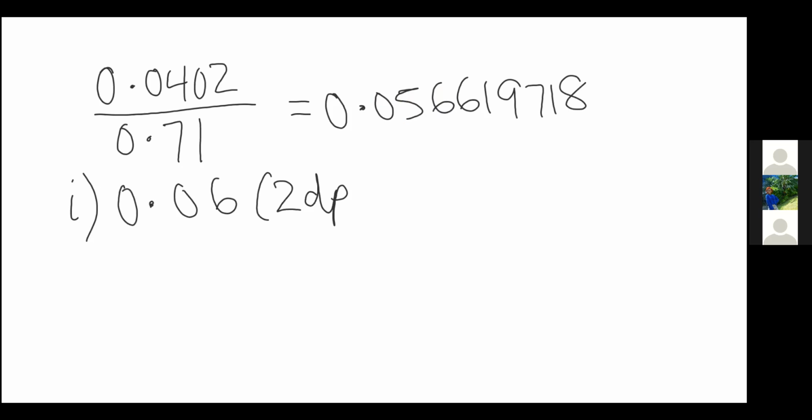Part 2, correct to 2 significant figures. Again, we go back to our exact answer. Our first significant figure will now be the 5 because this is a 0 and this is a 0, and we cannot start with any zeros. If the 0 were in between the numbers, like here, we could count it.